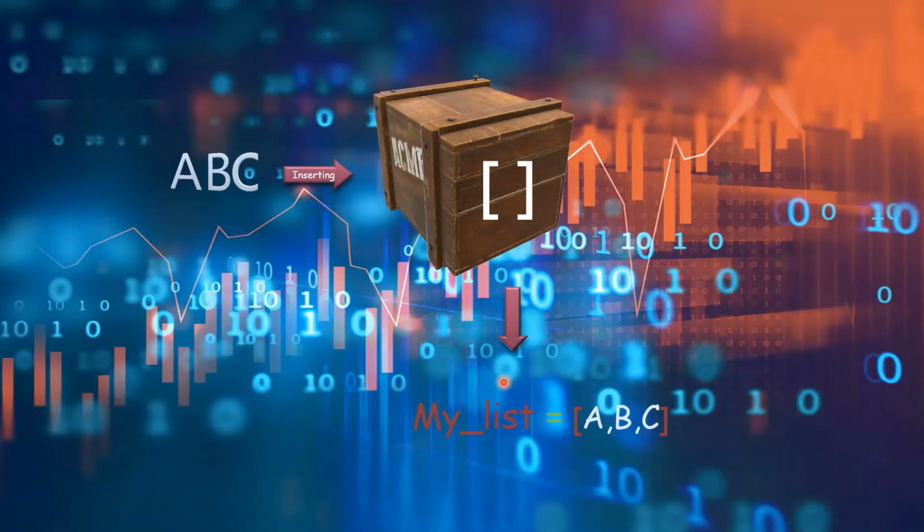So why is list different, and why is it also called a data type? Because a list stores a huge number of elements at the same time, and there are a lot of uses of lists. Going ahead, you will get the complete knowledge of lists.